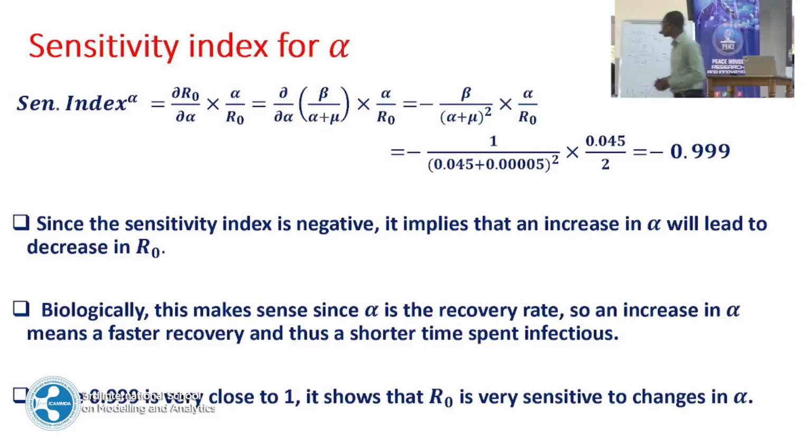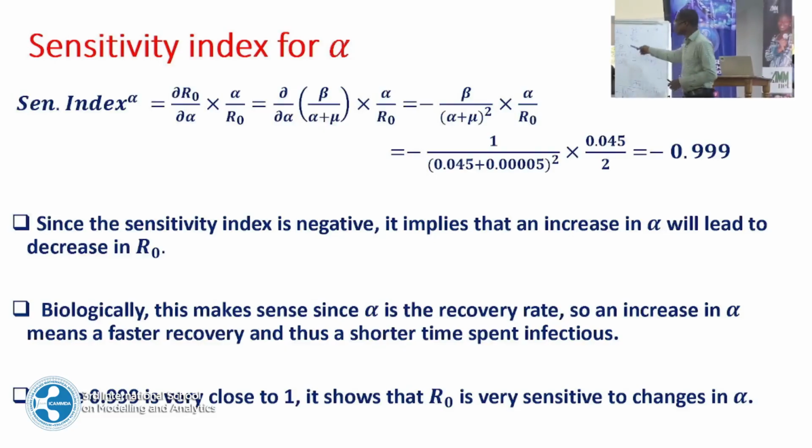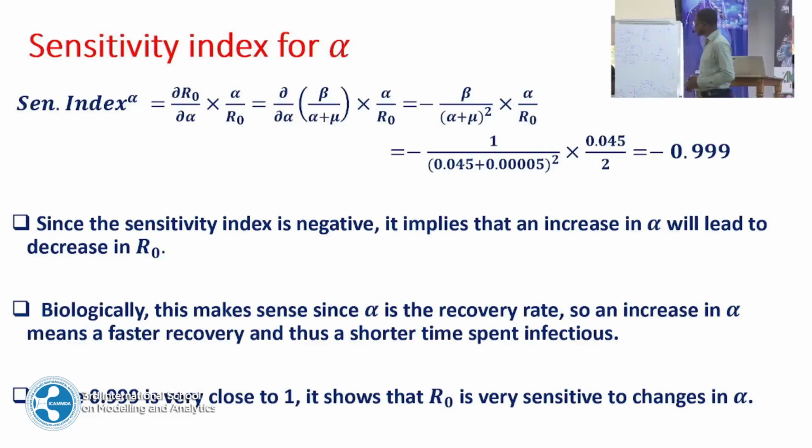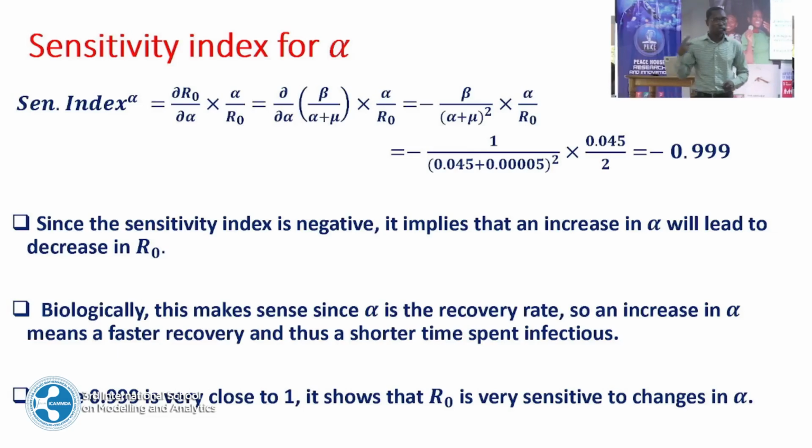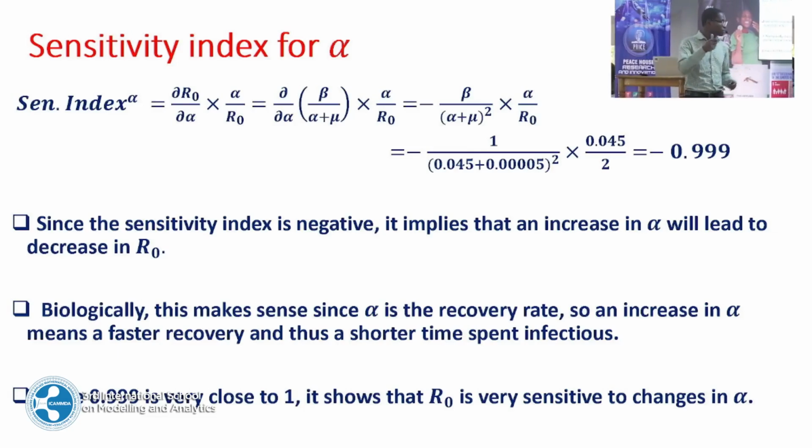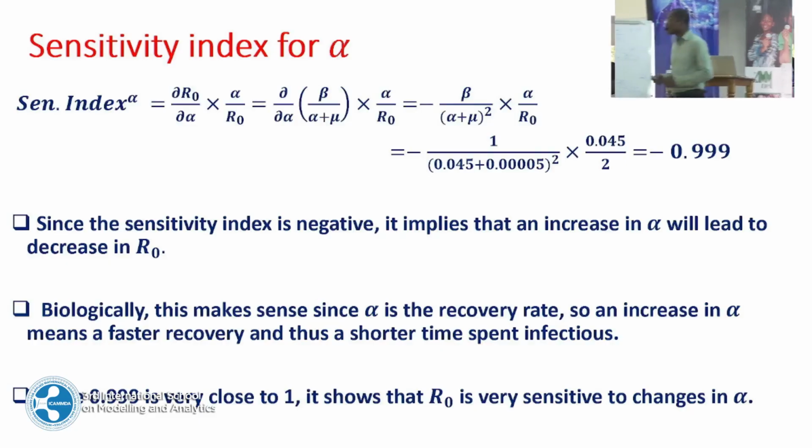We use quotient rule here because it's a quotient, and we take beta as constant, and mu is also constant. So you apply quotient rule, not product rule. Maybe after the class you can meet one or two persons to show you how we arrive at minus beta over alpha plus mu squared.